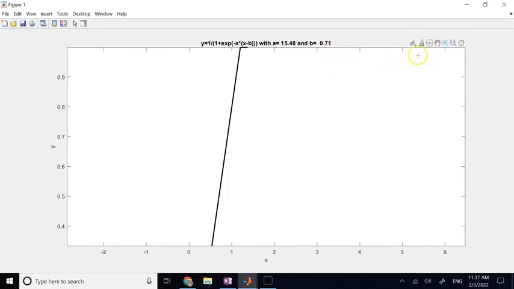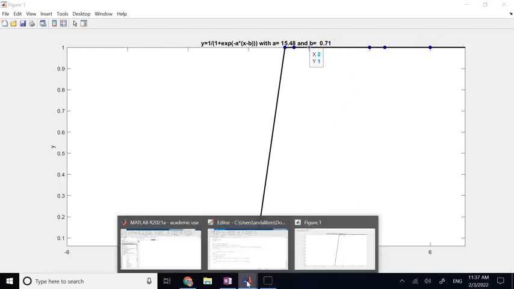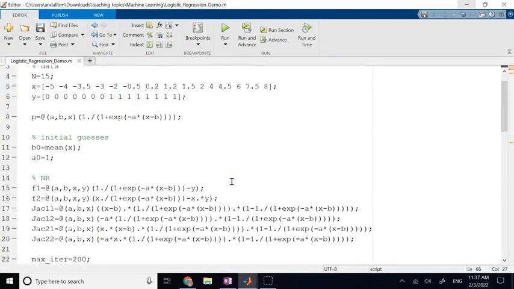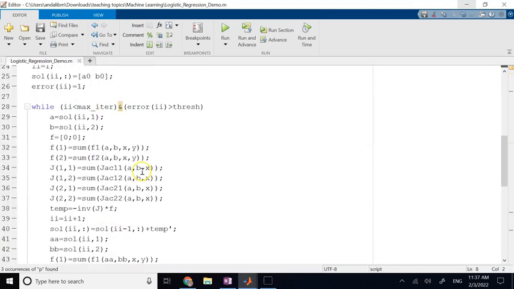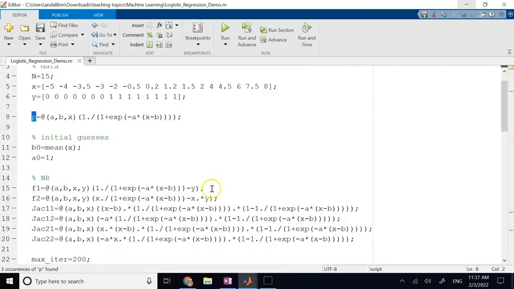I mean, if I go ahead here and use my data cursor, I don't have really anything at 3.2, but you see at 2 it's almost 1, and at 4 it's almost 1. So at 3.2, if I want to really know what's the value of my function, I can pass it to this P and say, what is P for the given A, B, and the X, right?